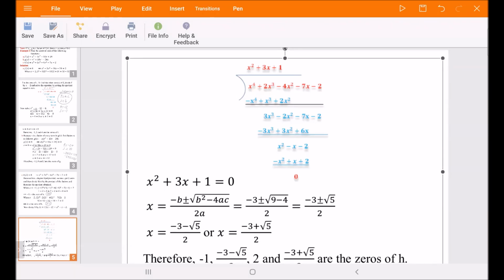X is equal to minus 3 minus root 5 over 2, or x is equal to minus 3 plus root 5 over 2. So all the zeros of this polynomial are therefore -1, 2, minus 3 minus root 5 over 2, and minus 3 plus root 5 over 2. These are the 4 zeros of this polynomial.